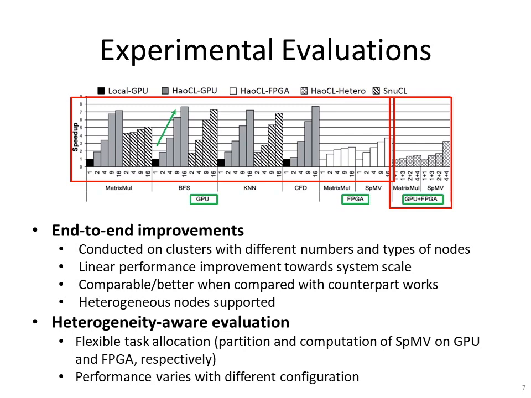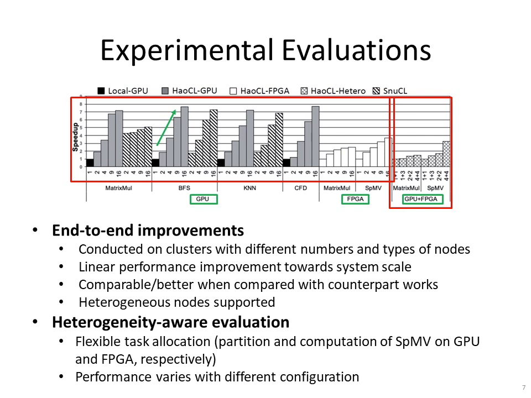We then choose MM and SPMV for the heterogeneity evaluation because of their complexity of data transmission and the different requirement of efficiency. The performance is normalized to a system that is configured with a single GPU plus FPGA node.